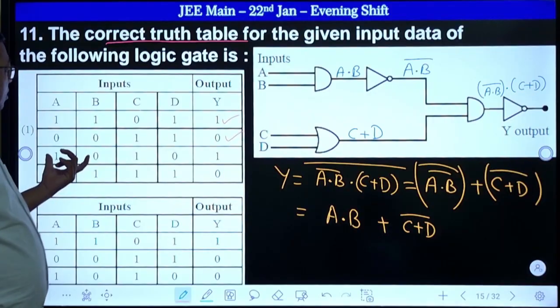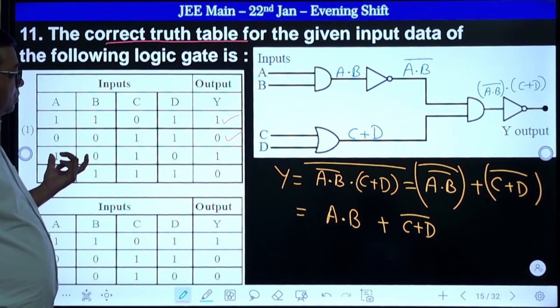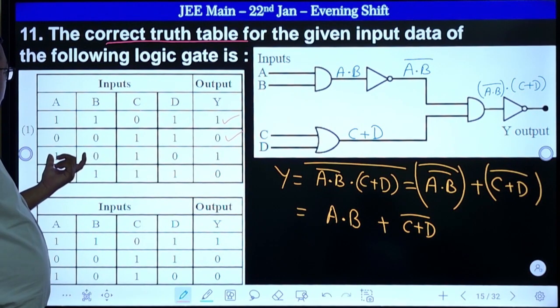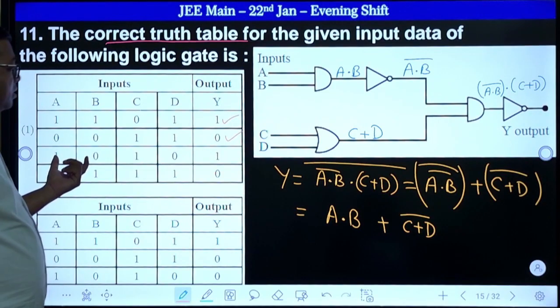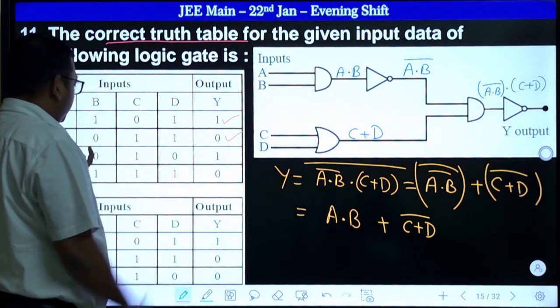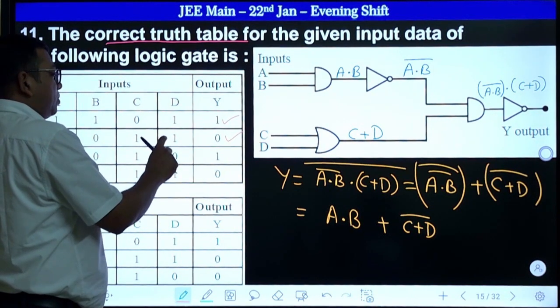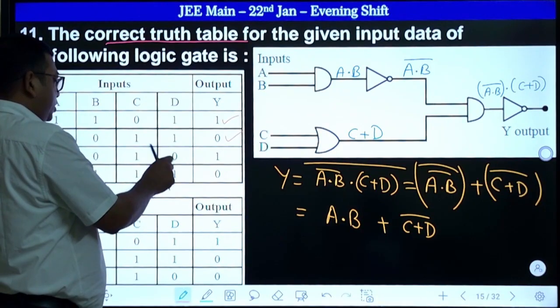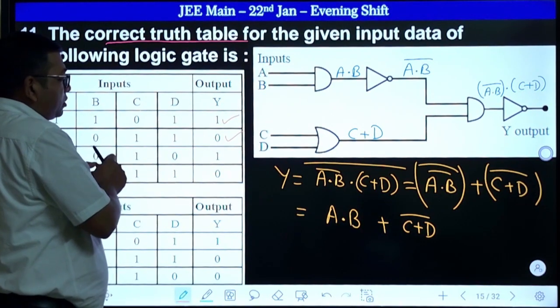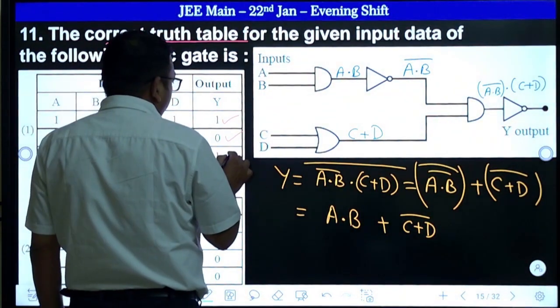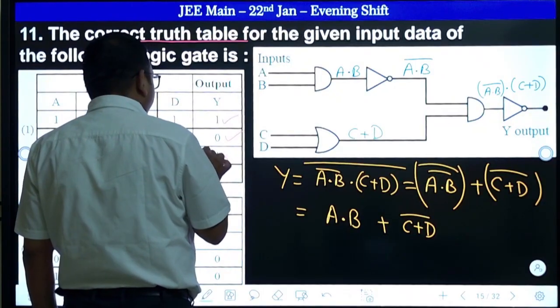Then same way 1 plus 0, so dot means both should be 1, so A dot B is going to be 0, and here 1 with bar will become 0, so this will become 0 plus 0, which should give 0. So I think this is not correct because it should give us 0.